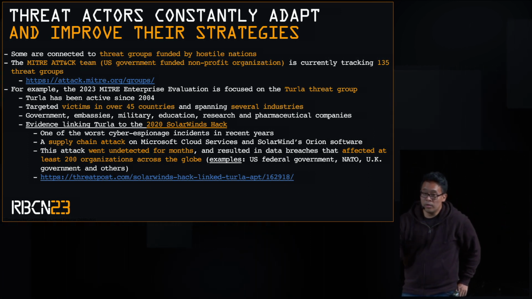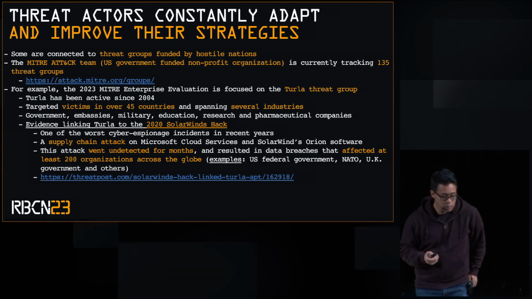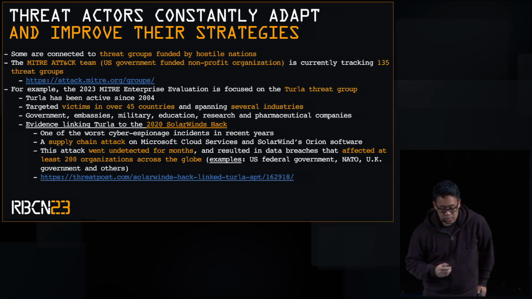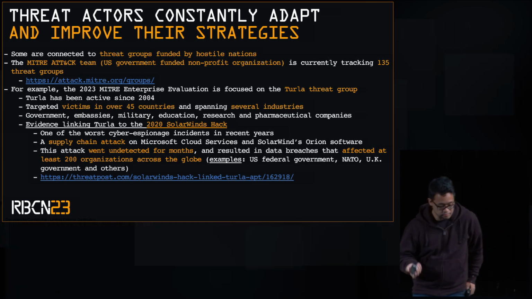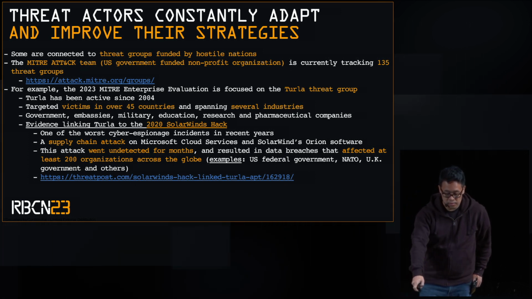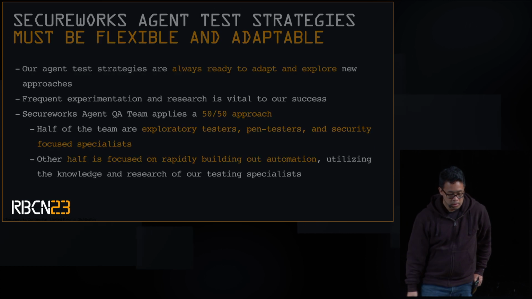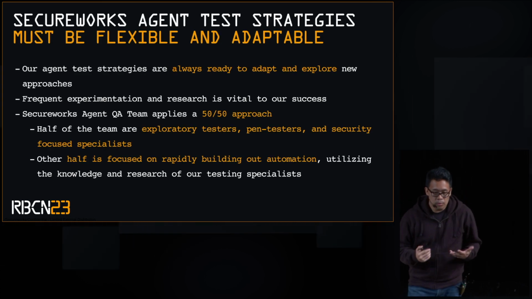And has anyone here not heard of the SolarWinds hack? Well, the whole room knows. It was a supply chain attack on Microsoft Cloud Services, and it affected at least 200 organizations, including the US government, NATO, etc.